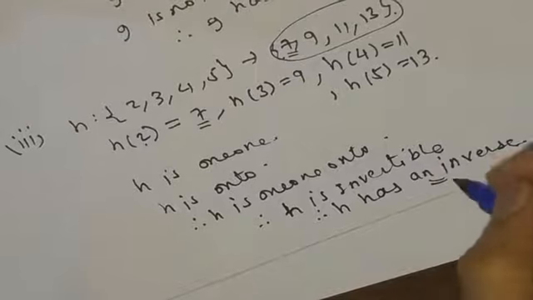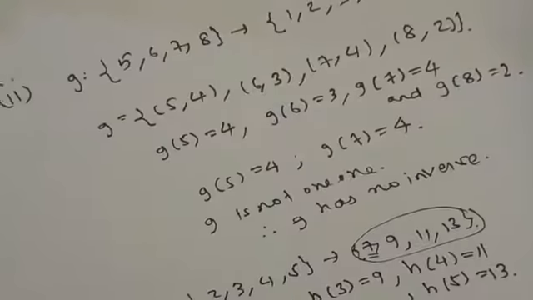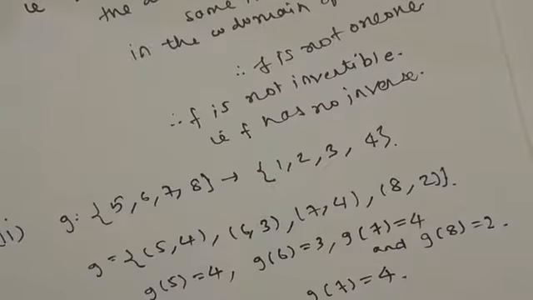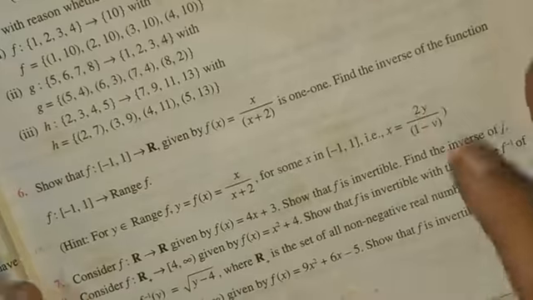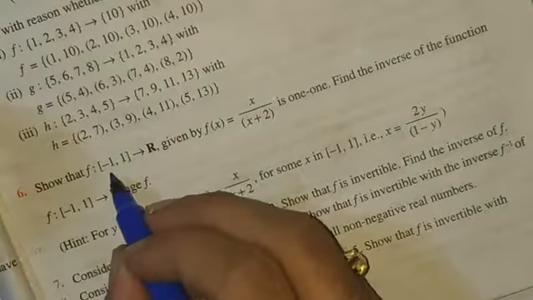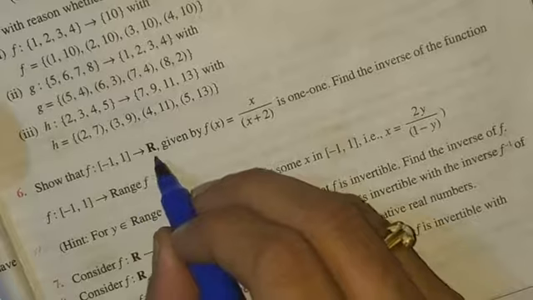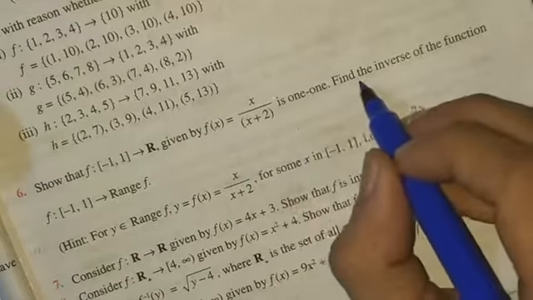So that was problem number 5. Now let us go to problem number 6. Problem number 6 is: show that f from the closed interval [-1, 1] to R given by f(x) = x/(x+2) is 1-1.